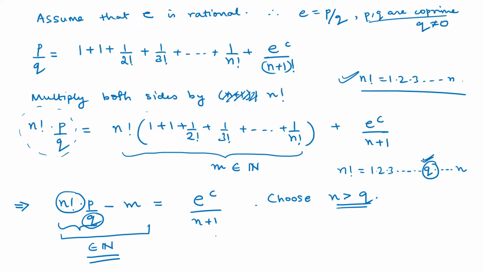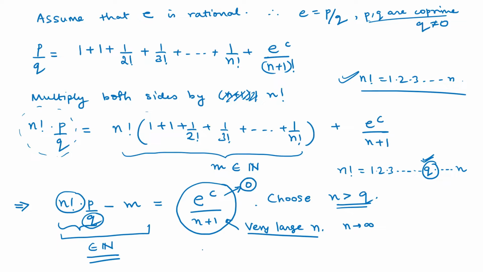But just note that on the right hand side, think of this expression for very large n. So what is going to happen to this as n tends to infinity? This expression is actually going to tend to 0, right?